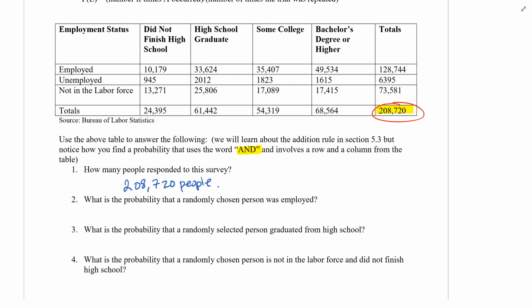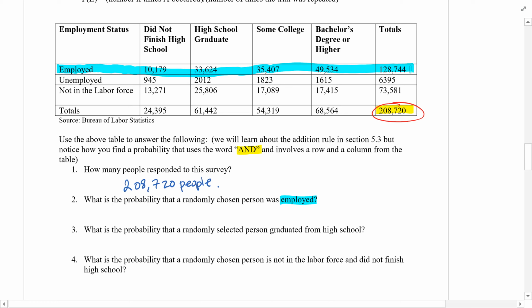Number 2, what is the probability that a randomly chosen person was employed? Well, I'm looking for employed, so let me highlight it. Let me use a blue color, employed. Employed is this row over here. So in the survey, the number of people who responded that they were employed is this number over here, which is the row total.